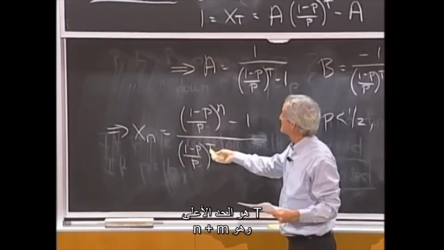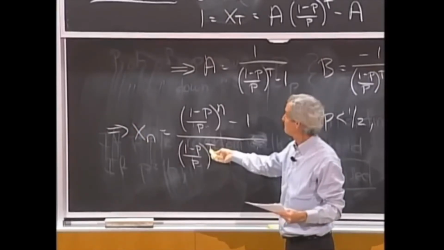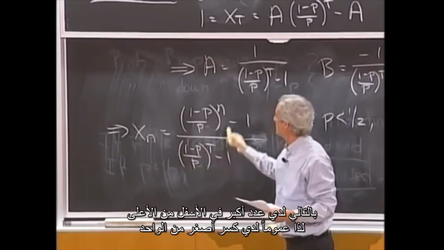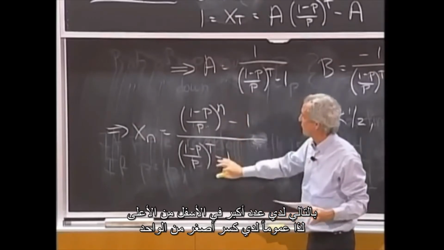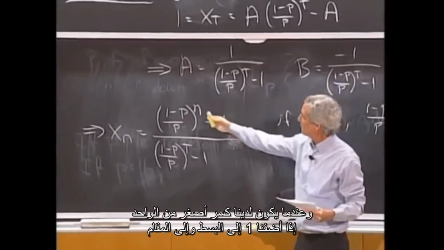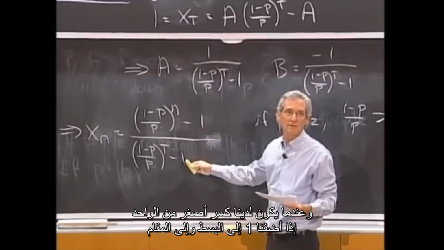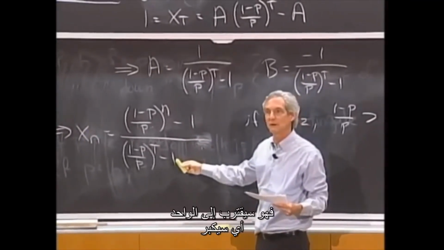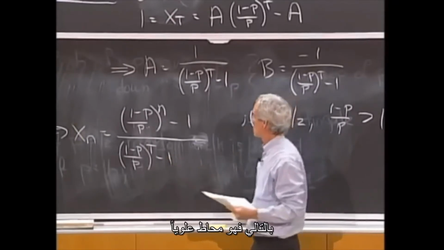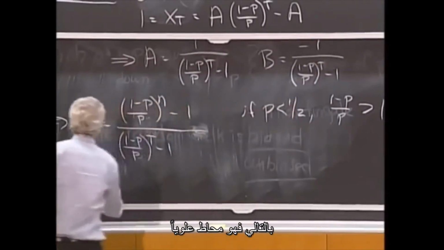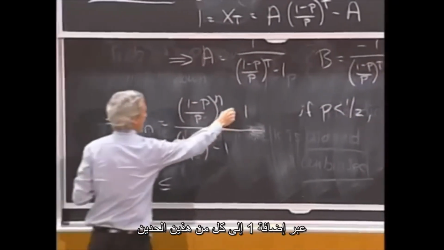T is the upper limit, it's n plus m. So I've got a bigger number down here than I do here, so overall it's a fraction less than 1. And when you have a fraction less than 1, if you add 1 to the numerator and the denominator, it gets closer to 1. It gets bigger. So this is upper bounded by just adding 1 to each of these.